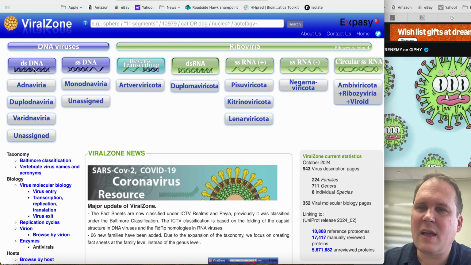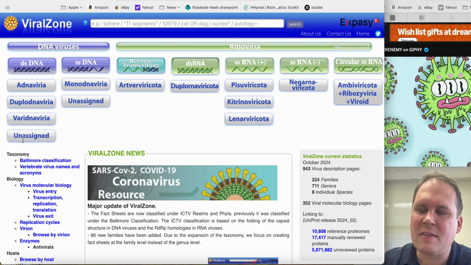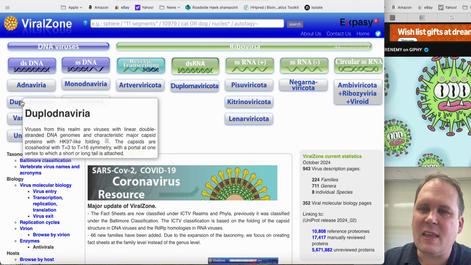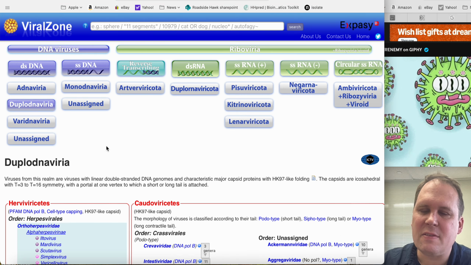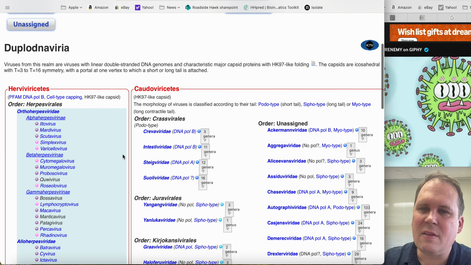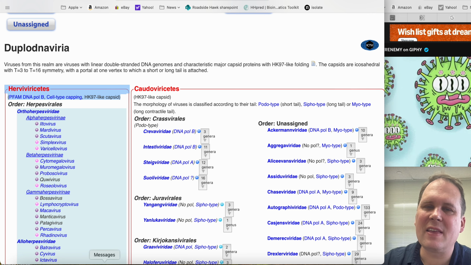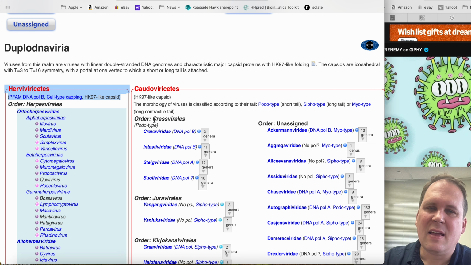The buttons that used to be at the top aren't there anymore, but all these other things are. So you can see, okay, double-stranded DNA, these are all dsDNA things. You can look inside, and they will tell you what these all have in common. So we'll have an HK97-like capsid protein that's common to everything in this group, and everything over here will also have HK97 capsid.